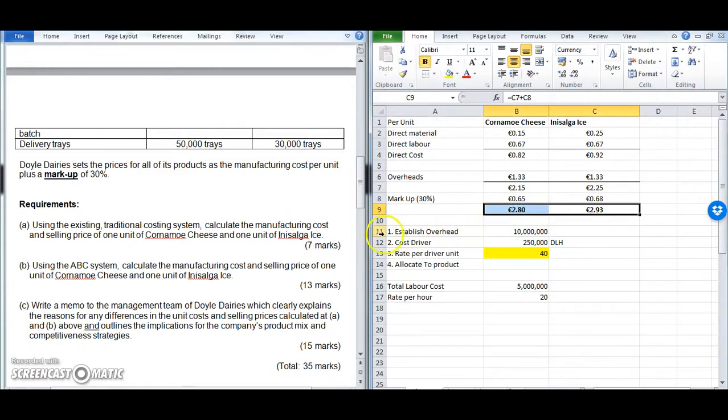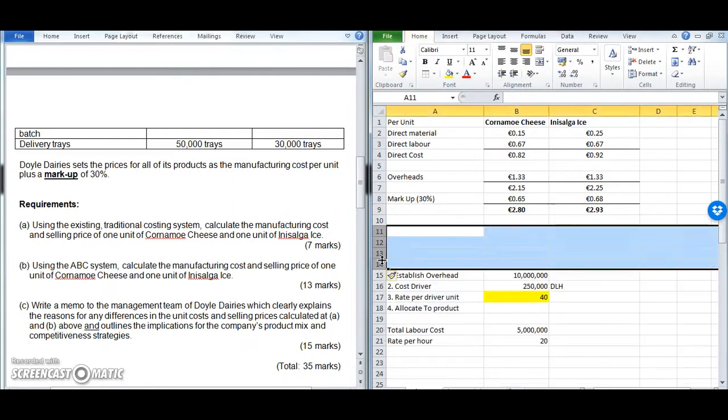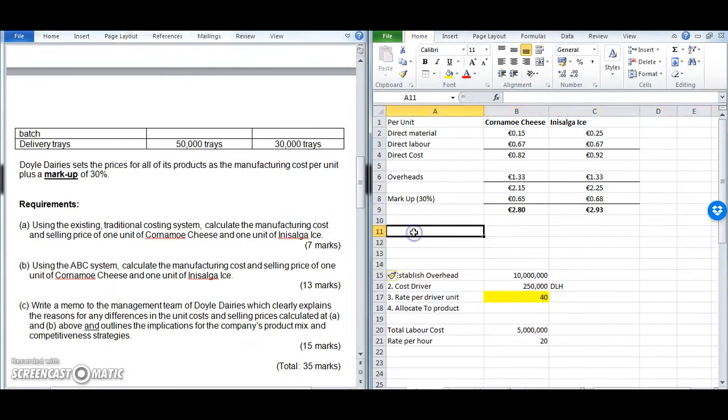So that's important. And I'll just add a few lines here. One thing I want students in particular to pay attention to is the difference between markup versus margin. Now this will be important, particularly in your continuous assessment. So the markup is essentially based on cost. So how much are you marking up your cost to get to a profit? Margin, on the other hand, is relative to the selling price.